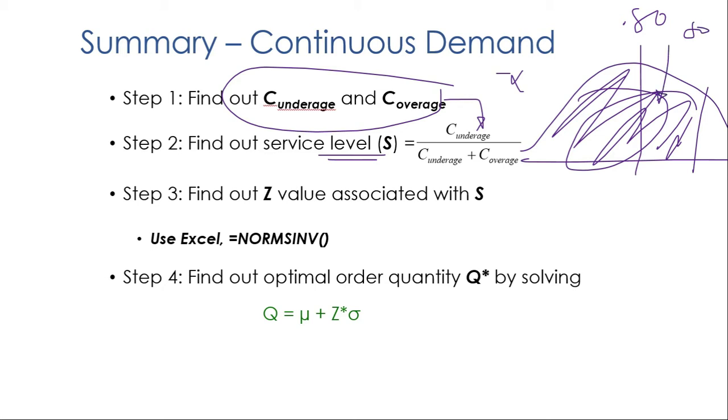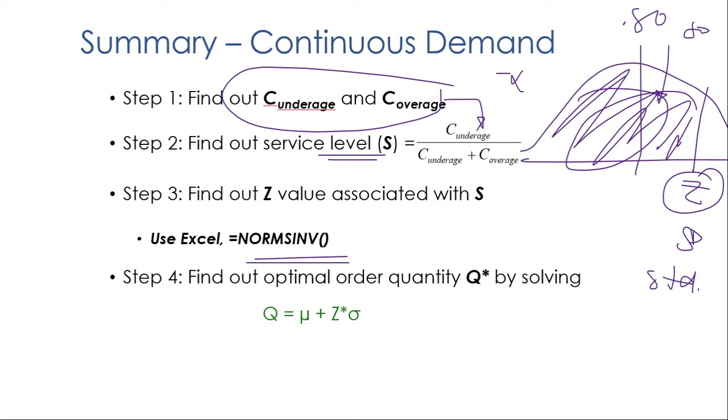And in step 3, you're going to look for the z value. Okay, so the z value is the standard deviation in the standard normal curve. You can use the table in the back of the textbook, or use this function in Microsoft Excel.